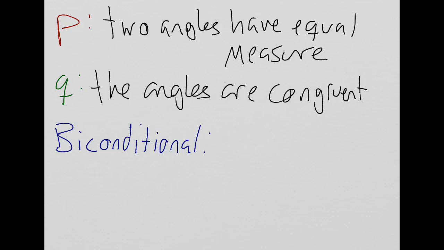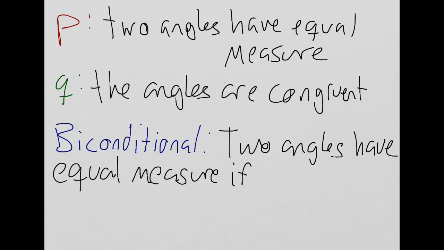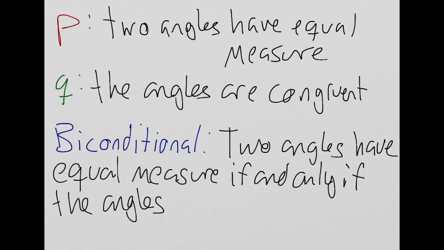So my biconditional is going to be: 2 angles have equal measure if and only if the angles are congruent.